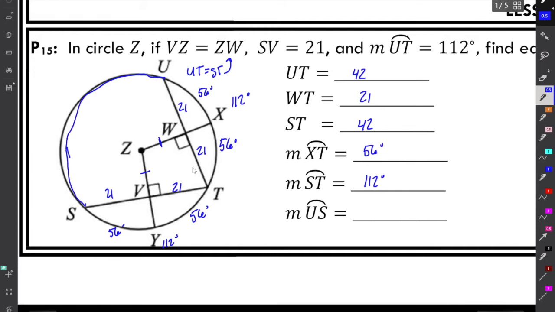UTS would give me the whole thing right here, and that's going to be a major arc. So US is going to be 360 minus 112 minus 112. You subtract it twice. And that is, of course, 136 degrees.